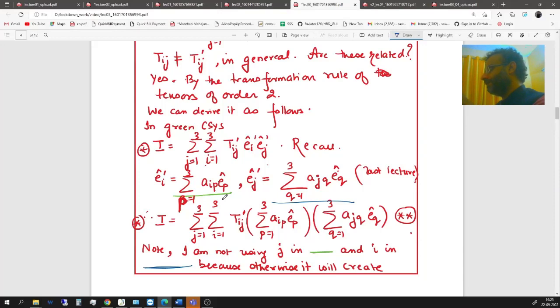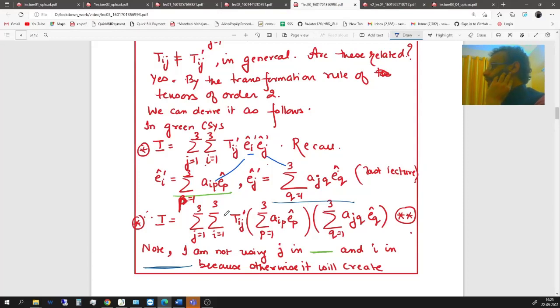But since I have it, I'm not going to change it at several places, assuming that the audience is still able to understand what I am doing. So Ei prime I am writing as Aip Ep, Ej prime I am writing as Ajq Eq, and I substitute Ei prime by this, and Ej prime by this, and I get this expression what you have here. So now I have four summation signs in the same expression.